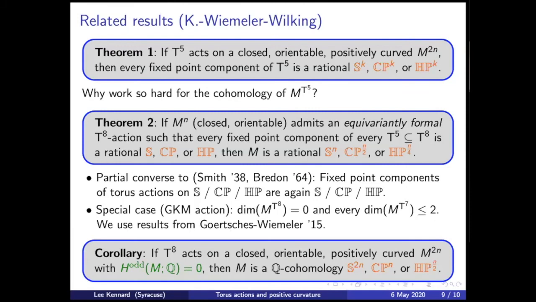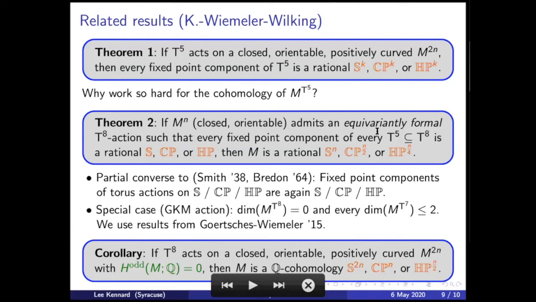The corollary of these two theorems together is this. We put back in positive curvature, we assume T8 symmetry, and I'm going to assume the condition I mentioned earlier, that the odd Betti numbers vanish. Everybody knows what that means. For Theorem 2, that means that the action is equivariantly formal.